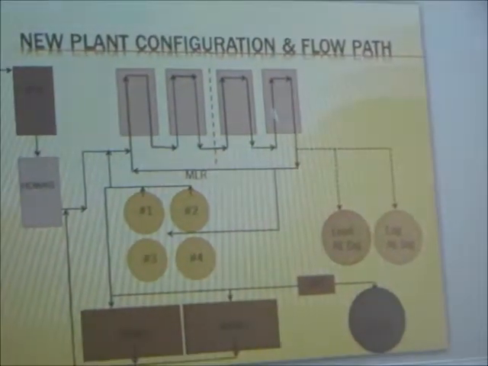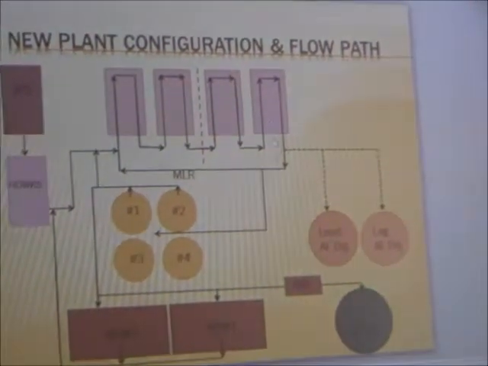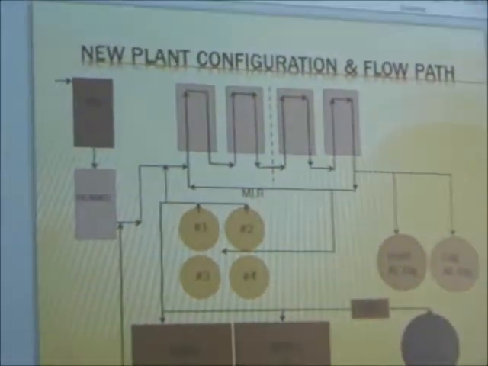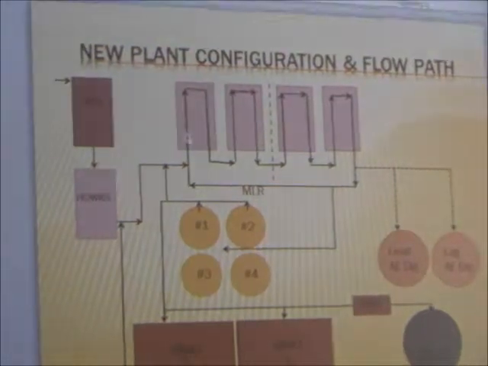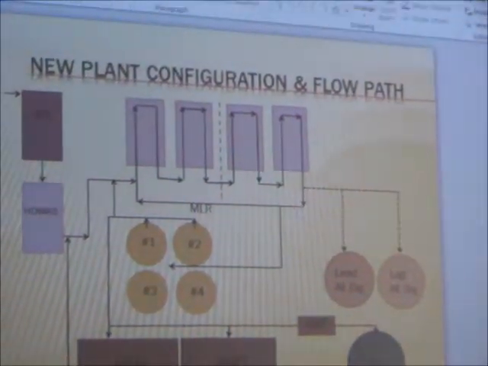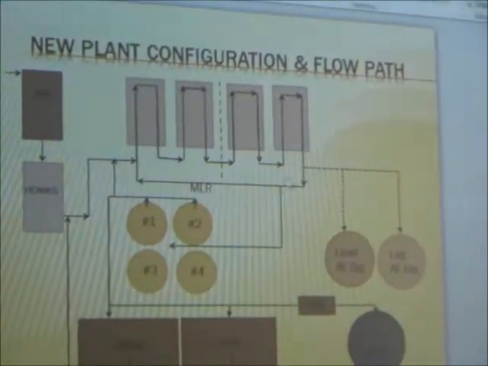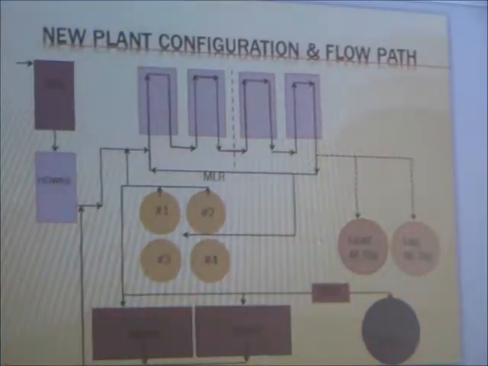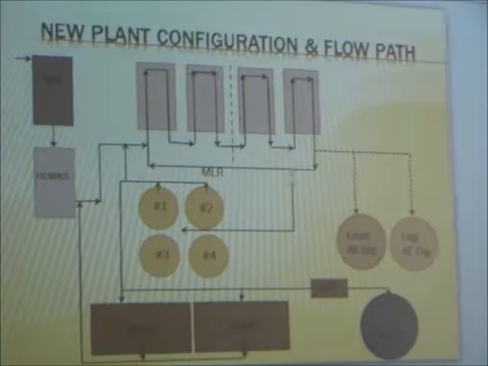We have four aeration basins. The mixed liquor from that aeration system is returned to the front end of the aeration basins. That's for nitrification reasons, and we'll talk a little bit about that in a later slide.